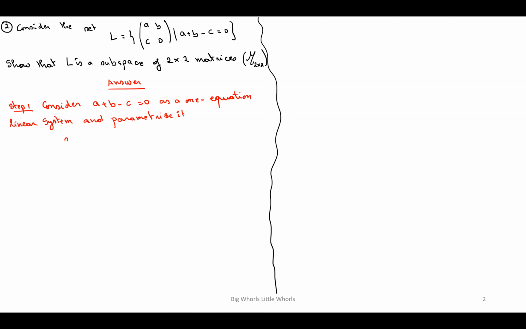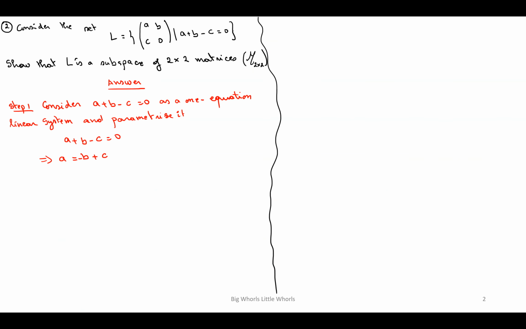So we have A plus B minus C equals 0. We are going to write the leading variable in terms of the free variables: A equals minus B plus C. So now let's rewrite our set.